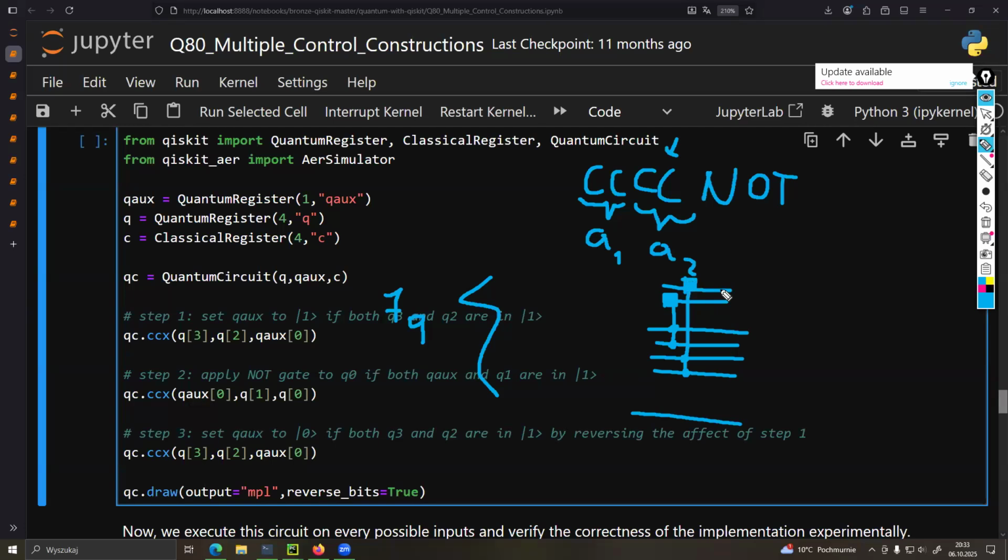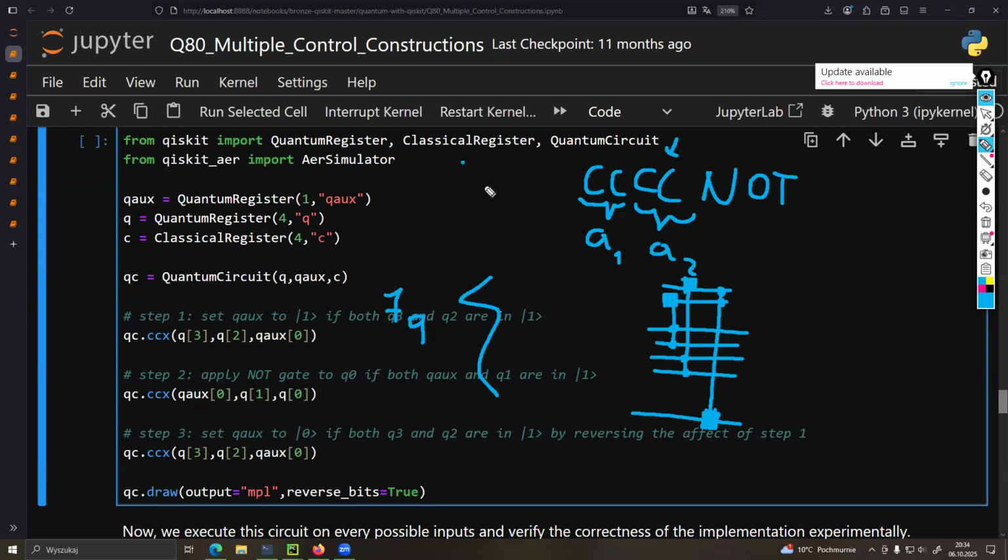And then these 2 qubits, only when both of them are 1, only then will I apply my final calculation, right? So this is the solution to a multi-controlled NOT, right?